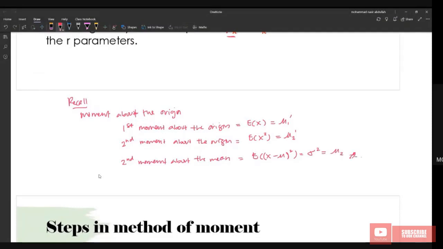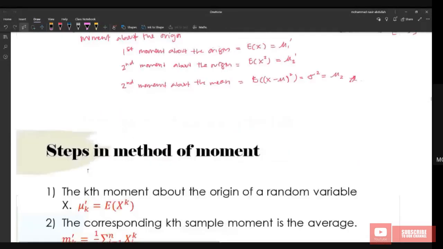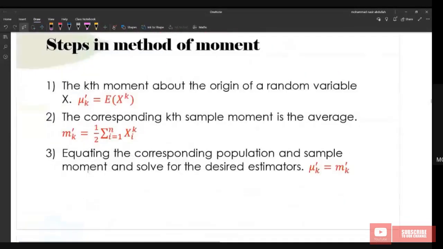Right, this is the second moment about the mean. And we know that the variance of x is equal to the expected value of x squared minus the square of the expected value of x, which is mu squared. Right. So this is what we want to recall before we continue with the method of moments.